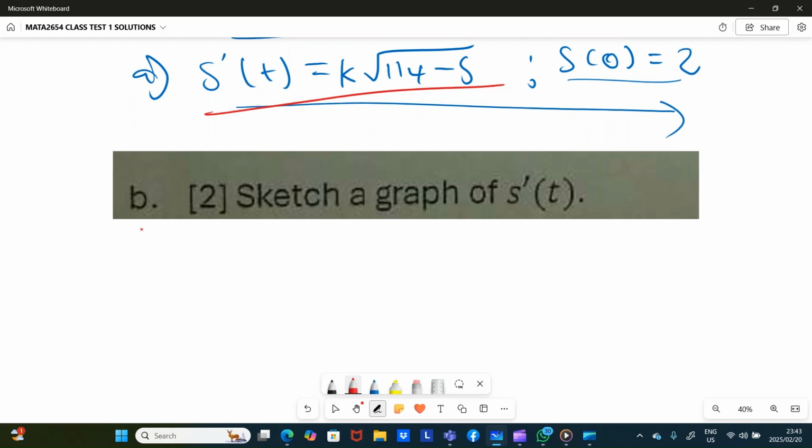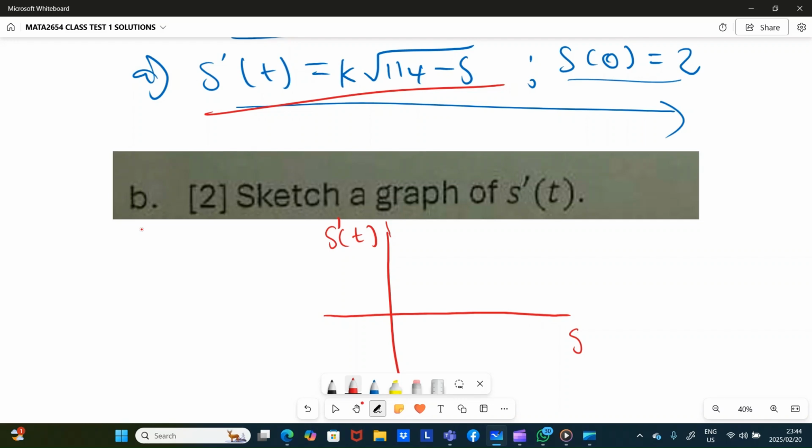So let's have our XY plane like that. We can first try to find where it is going to intercept the axes. So let's first look for our y-intercept. It's easy to find. Here it's going to be s, and this one is going to be s prime of t.